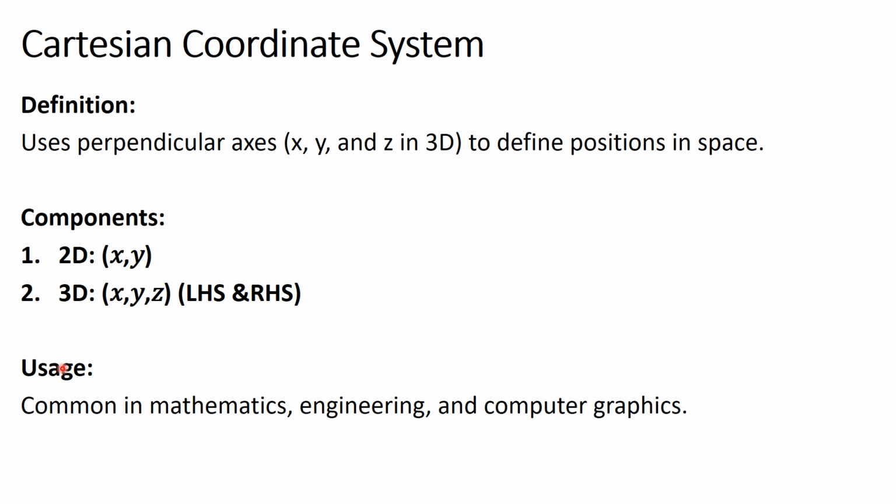Its components in 2D are x and y, and in 3D, x, y, and z. The left-hand and right-hand 3D coordinate systems will be discussed in detail in the coming slides. The Cartesian coordinate system's common usage is in mathematics, engineering, and computer graphics.